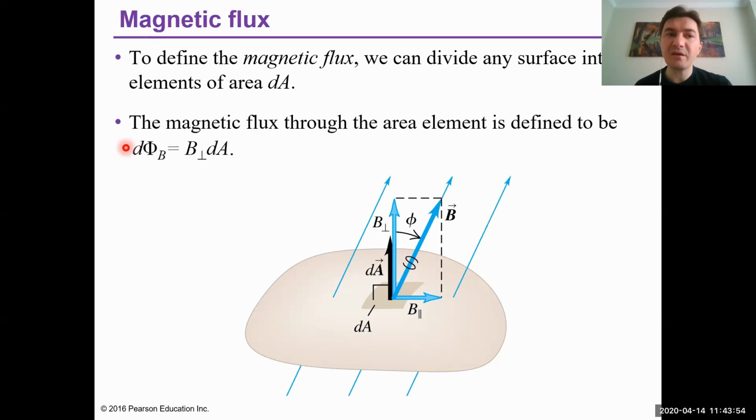And d phi B is the flux through the very small area element. Here we have the surface normal, dA, and here we have the direction of the magnetic field, and we are looking for the component of the magnetic field perpendicular to the surface, okay?